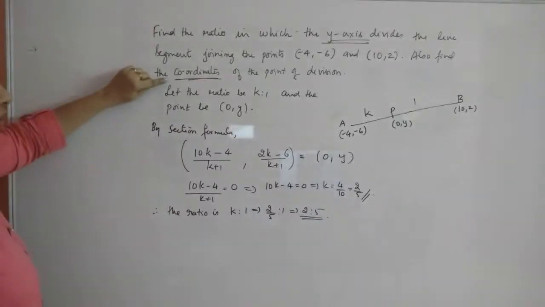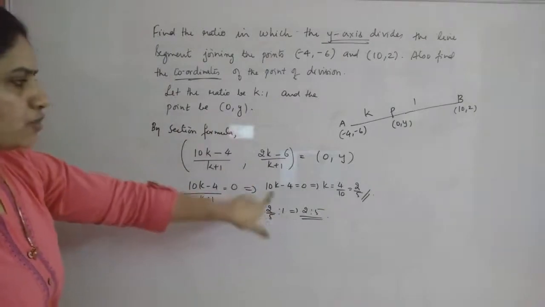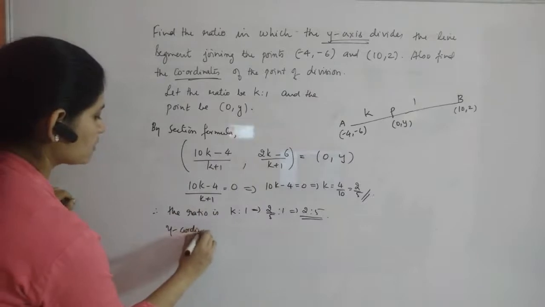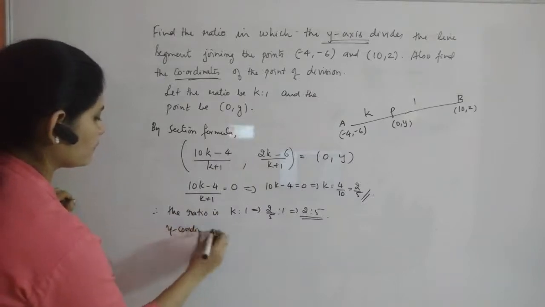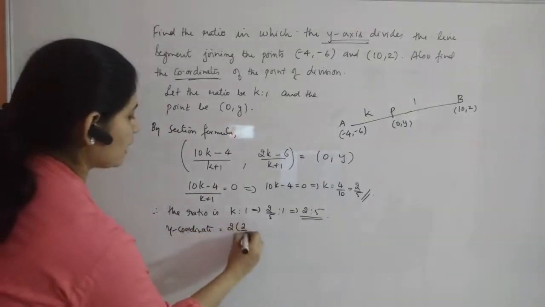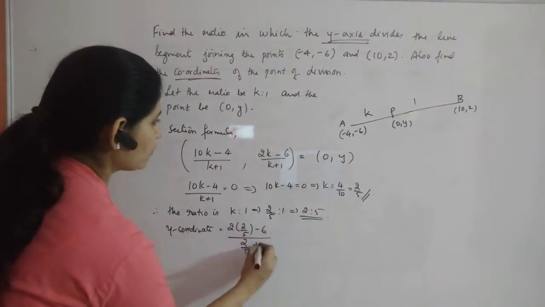Now you have to find the coordinate. For that you can take this one and replace the value of k as 2/5 in this. Now the y coordinate is equal to 2k, k is 2/5, minus 6, divided by 2/5 plus 1.